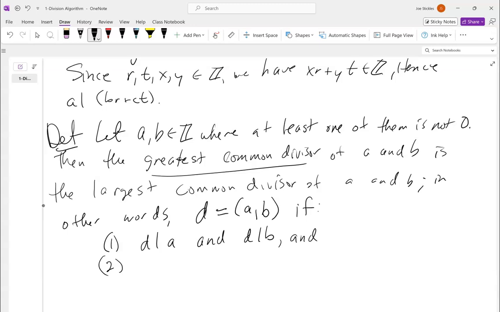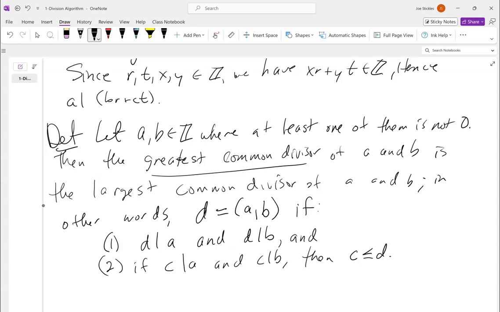So if we have another common divisor of A and B, then it can't be any bigger. So if C divides A and C divides B, then C must be less than or equal to D. It's the biggest among all the common divisors.